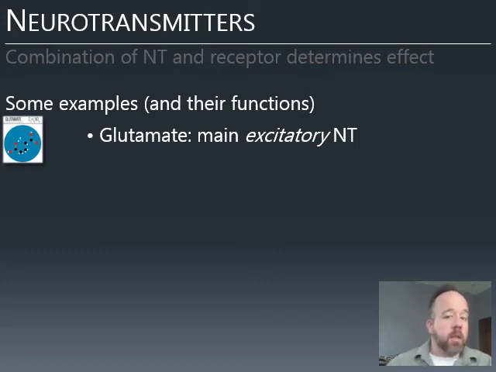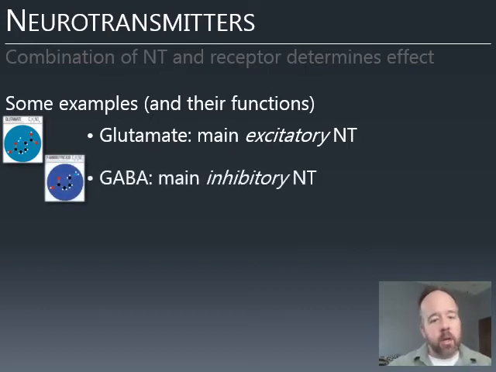So glutamate is the main excitatory neurotransmitter, which means if the presynaptic neuron releases glutamate, the postsynaptic neuron is more likely to fire. It's not guaranteed. It takes some coordinated firing across synapses, but it increases the likelihood of an action potential. And 85% of your synapses across your entire brain are what we call glutamatergic. They use glutamate.